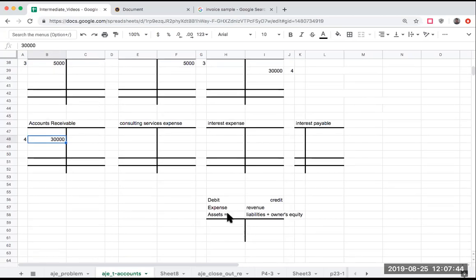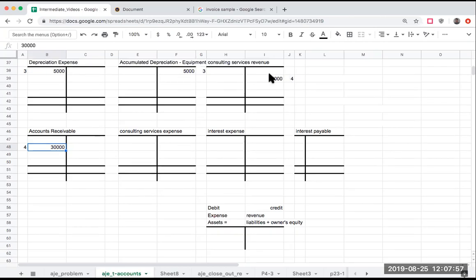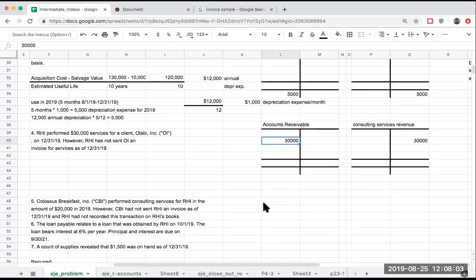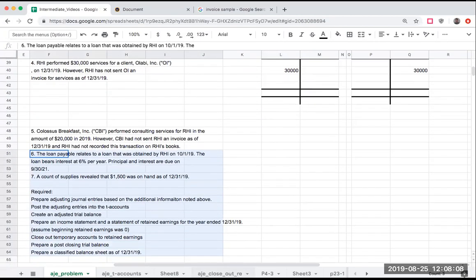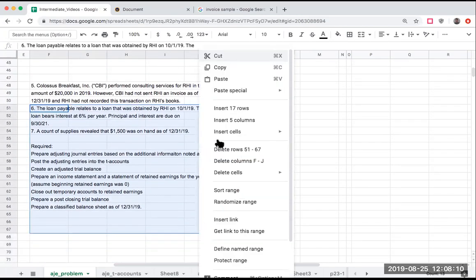It's giving me future economic benefit in the fact that the client owes me money and it's going to eventually convert to cash. I record increases to my assets with debits. Accounts receivable should have a debit over here. Consulting services revenue, I record my revenues with credits. So come over here, this is number 4. Let's go ahead and take a look at number 5. So right over here for number 5, we have Colossus Breakfast Inc.